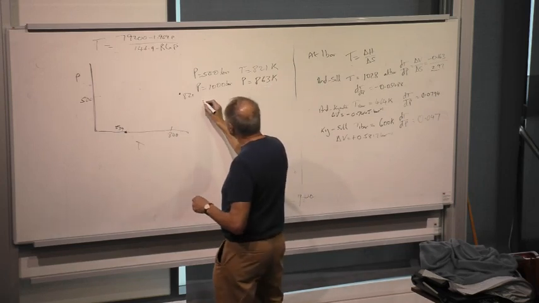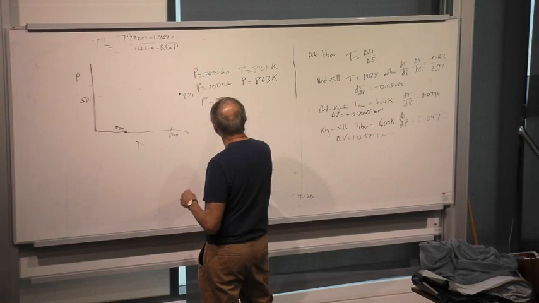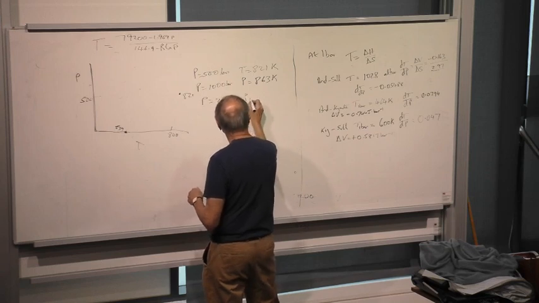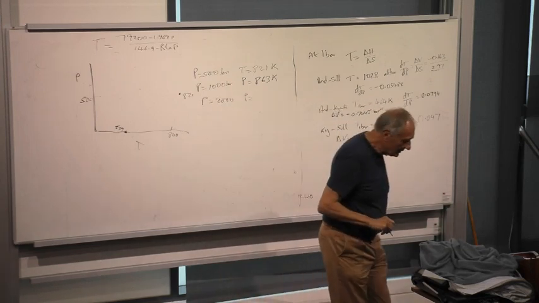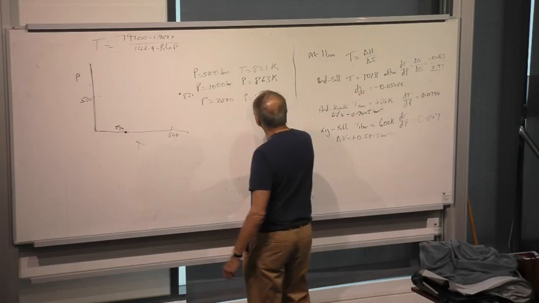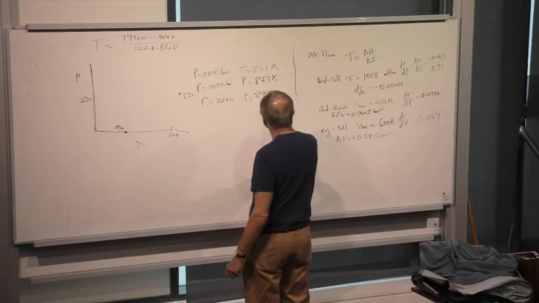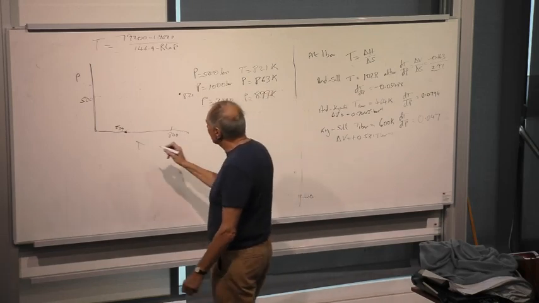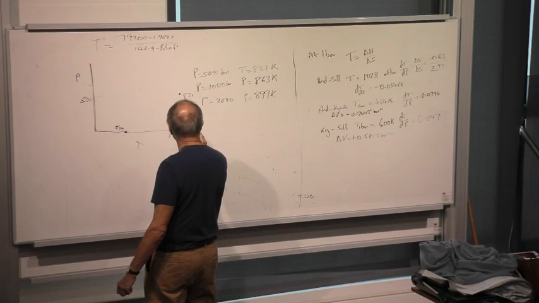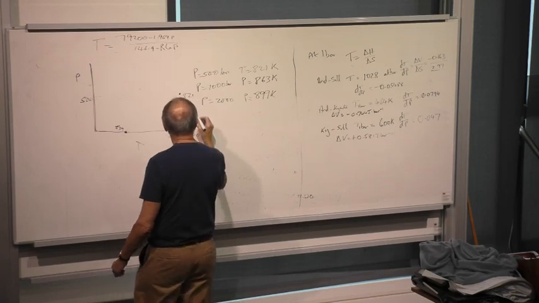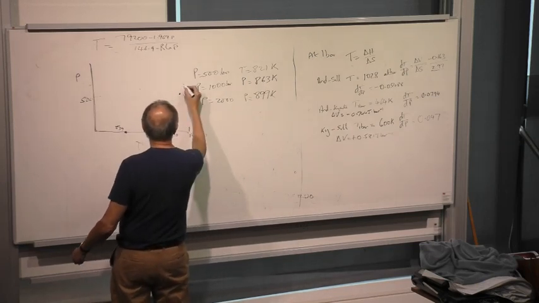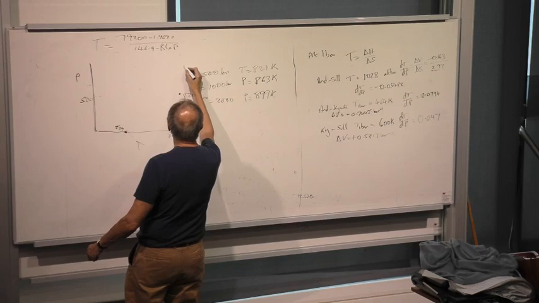And if you put in 2,000, you get 899. So if that's 500 and 1,000 is about there, it goes up like so.